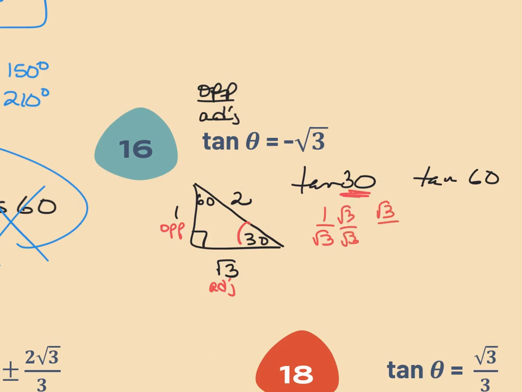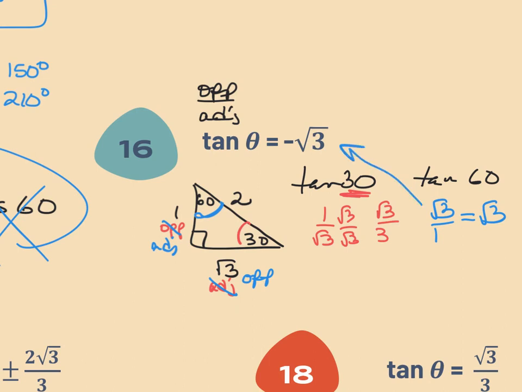So this one gives you root 3 over 3. But tangent of 60, let's change the labels now. This one's opposite. This one's now adjacent when we talk about 60. So square root 3 over 1, which gives you what they were asking you to find.